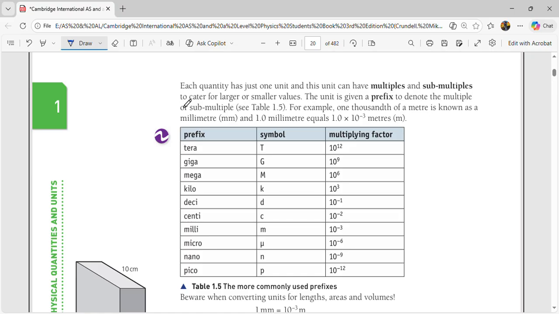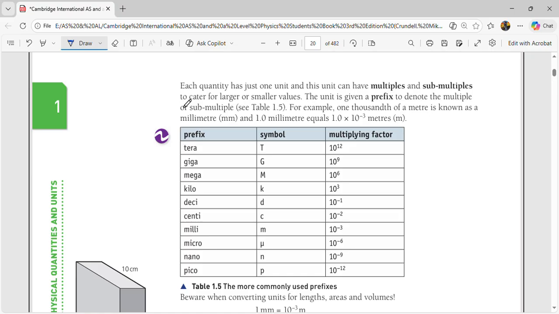Instead of writing 1 million newtons, you write 1 meganewton, like that. Instead of writing 5 out of 1000 meters, you write 5 millimeters. Instead of writing 8 out of 100 meters, you write 8 centimeters. So like that.